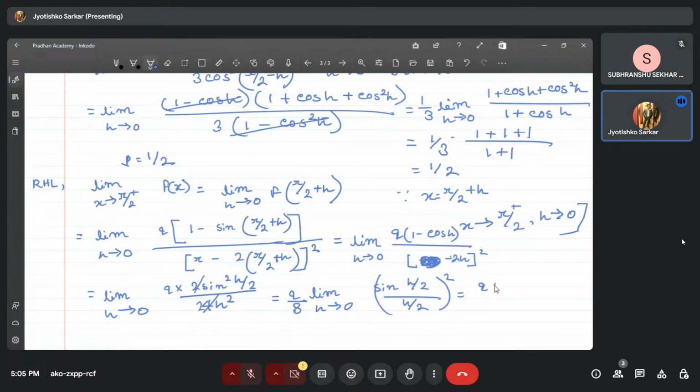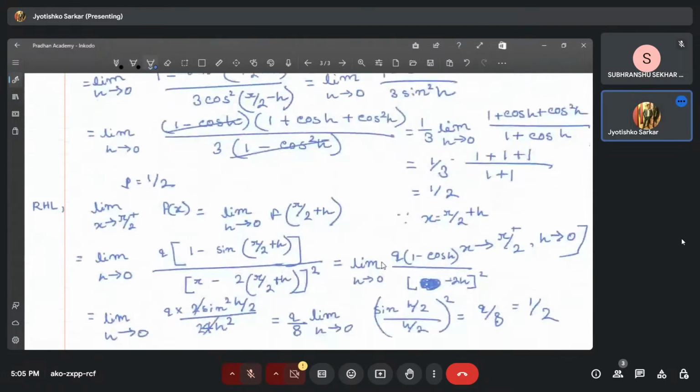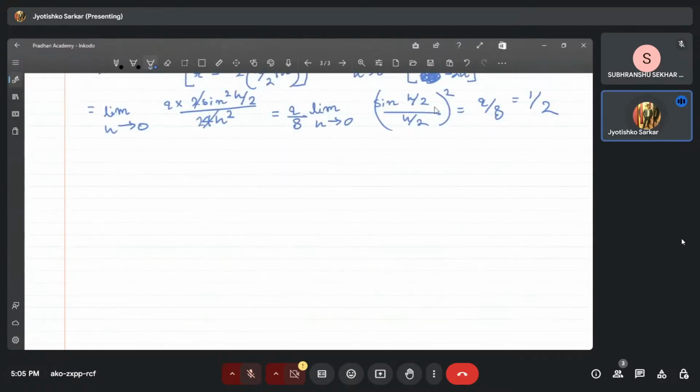So we will get Q by 8. Now this Q by 8 is equal to half, as we have seen earlier from the definition. So Q is equal to 4. So our P is half and Q is 4. This is our final answer.